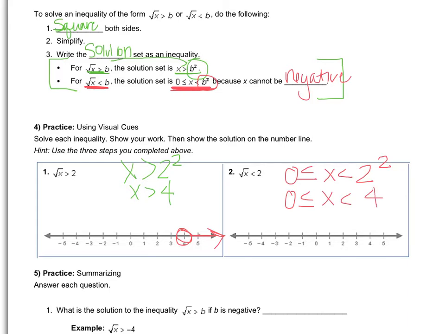So this time, this is going to have 2 dots, because I've got 2 numbers on here. At 0, there's a less than or equal to, which means there's going to be a solid dot. At 4, there's just a less than, so there's going to be an open dot. And when I have this, it's really easy. Because when x is here in the middle, I just connect the two dots.